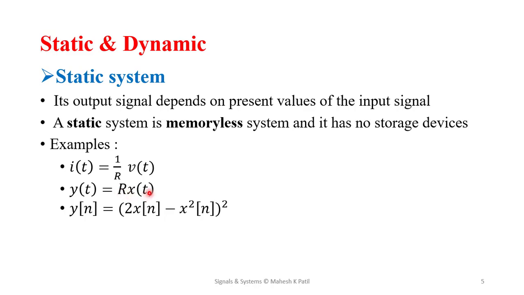The input signal multiplied by a constant gives us the output y(t), and you can consider this a static system. You can also consider a discrete-signal example, y[n] = 2x[n] - x²[n]. These are the basic static system examples.